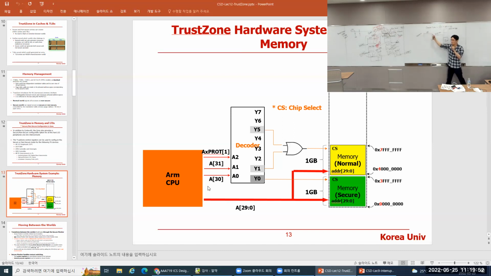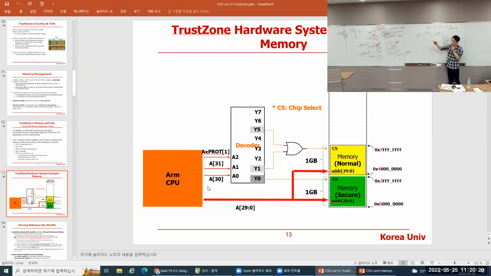Then you are still able to access normal world memory. You have enough power, right? Secure world, everything you can do. So normal world memory can be accessed in both secure state and normal world. But secure memory can be accessed only when you are in secure world. How would you design that kind of configuration?